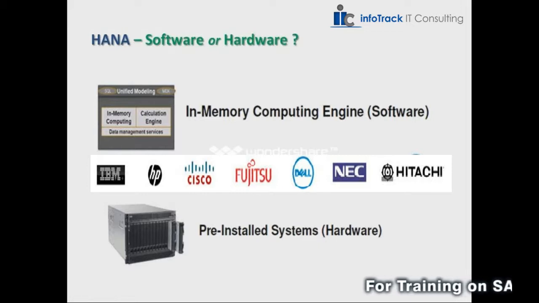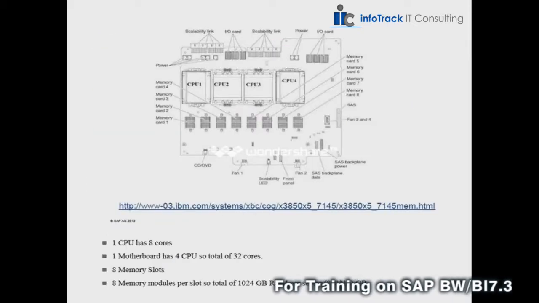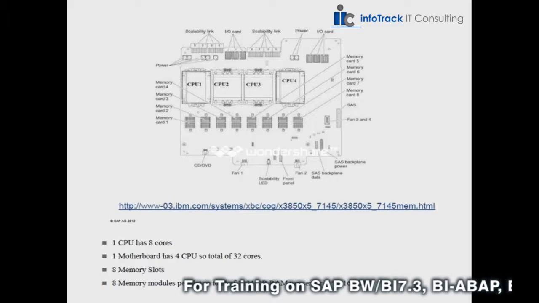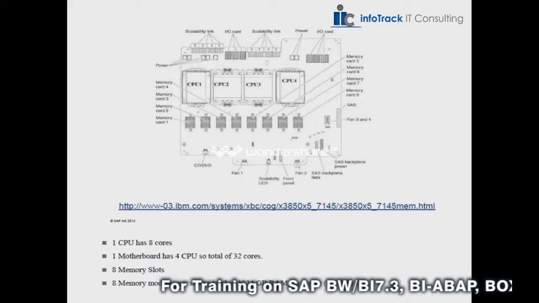In one slot we have 8 memory modules, and like that we have 8 slots, so a total of 1024 GB RAM per server. This is the minimum configuration of one HANA server.